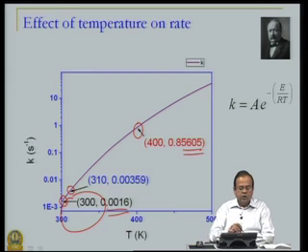The temperature increase may not be dramatic, it may be 10% or 20%, but the rate of reaction increases quite dramatically, 2 orders of magnitude for less than 1 order of magnitude increase in temperature. There is a significant increase in rate of reaction, and you never know what will happen if the rate of reaction goes uncontrolled.